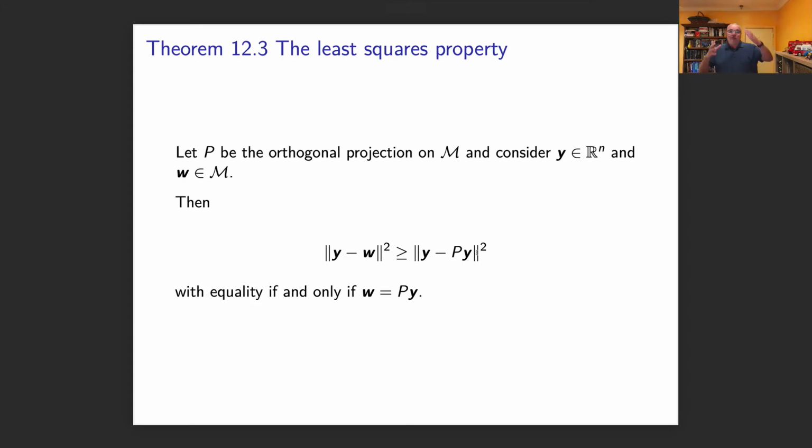So the idea is you could find other ways of choosing a vector in that subspace, but if you wanted to get the smallest distance in terms of our norm between our observed vector, in this case y, and the vector in this subspace, the best one in the subspace, the one that's closest to it, you're not going to do better than your projection.